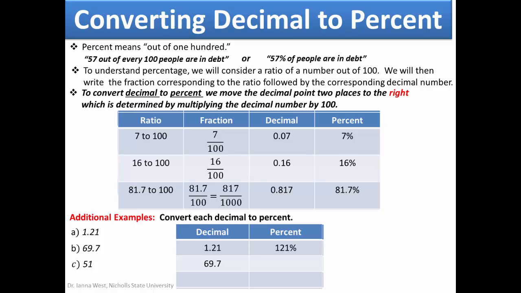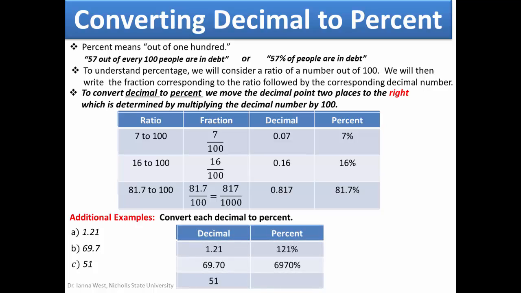In order to move the decimal point 2 places to the right, we will need a placeholder. We will add a 0 after the 7. This does not change the value of the number. Now we move the decimal point 2 places to the right, giving us 6,970%.